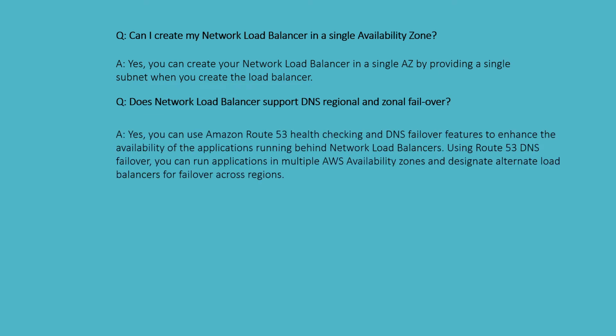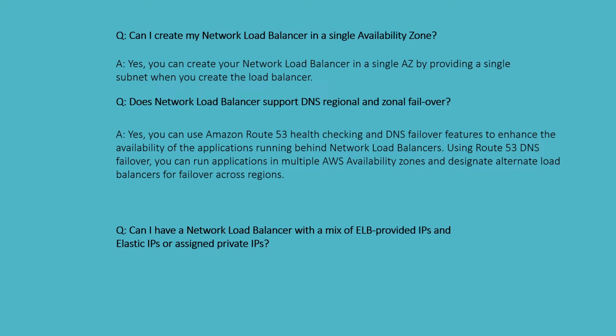Yes, you can use the Amazon Route 53 health checking and DNS failover feature to enhance the availability of the application running behind the Network Load Balancer. Using Route 53 and DNS failover, you can run applications in multiple AWS Availability Zones and designate alternate load balancers for failover across regions.